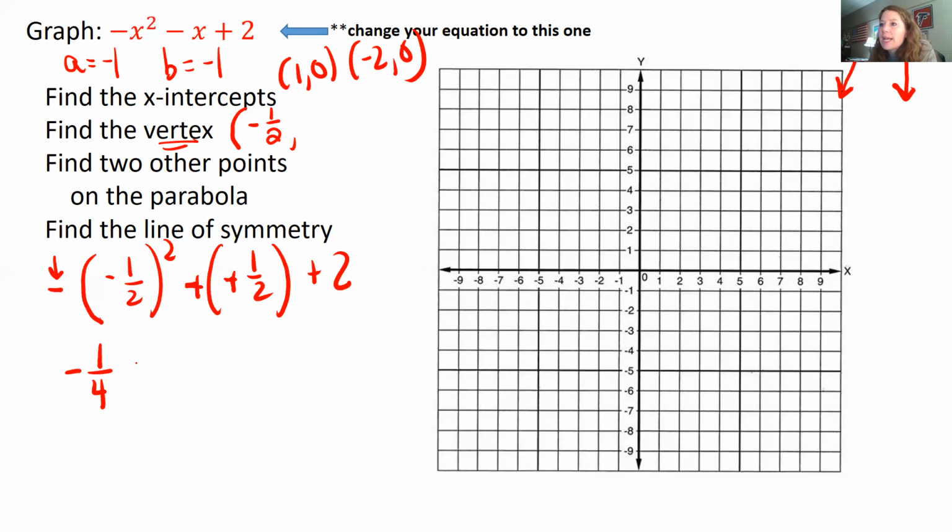All right, so +1/2 plus 2. So I'm going to plug that right in my calculator. -1/4 plus 1/2 plus 2 is 2.25. And I'm writing that as a decimal because that's easier to graph. I mean, we know our quarters, don't we? But anyway.